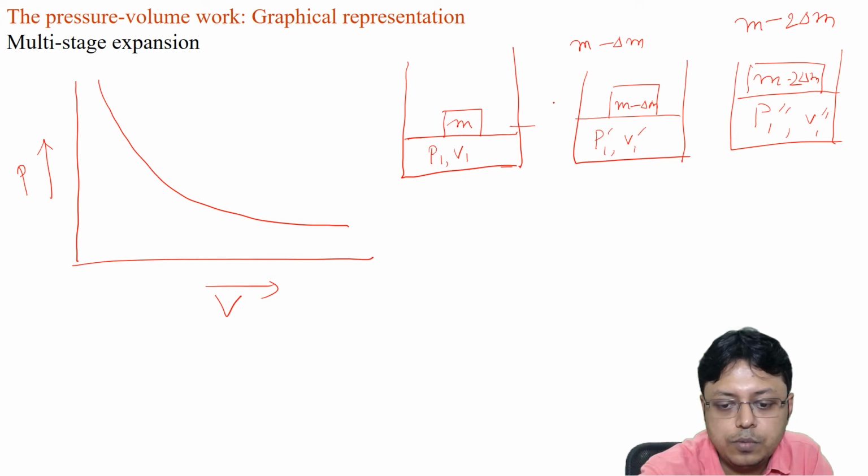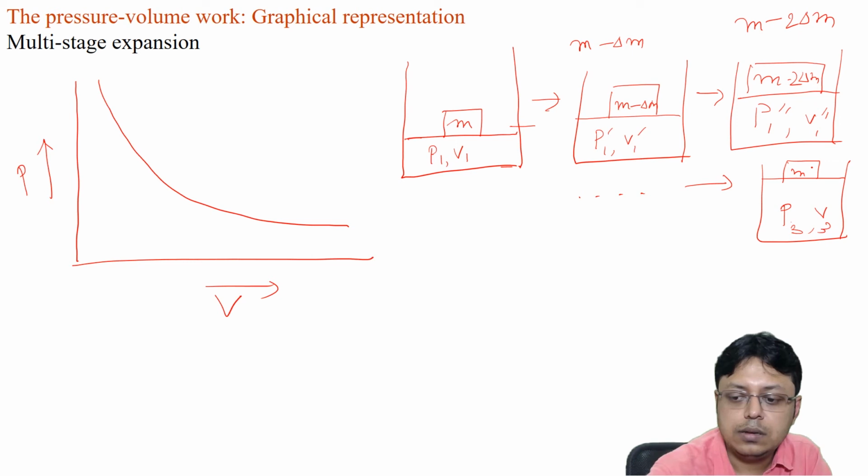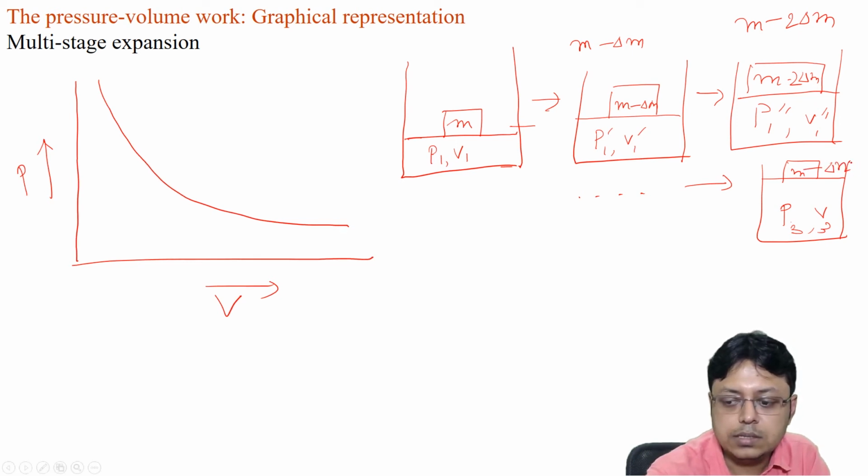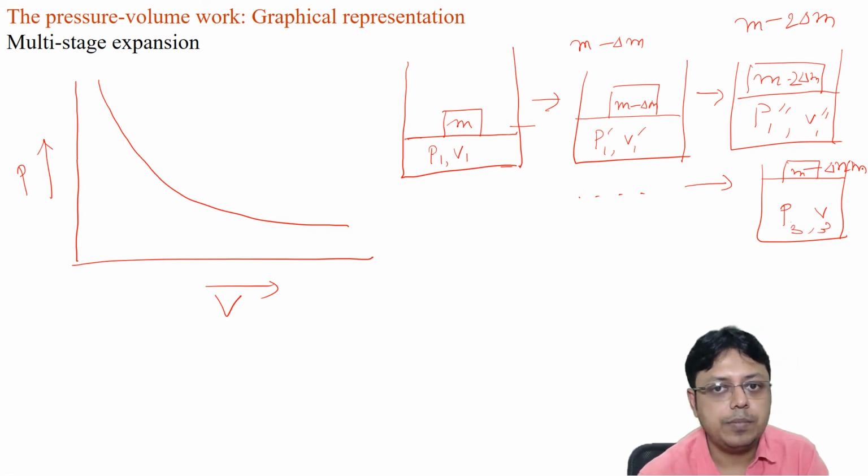In this way, if we proceed, this is known as multi-stage expansion, to the same final state which we just discussed, say P3 and V3, with a mass which balances that, after n reductions in the mass. So what will be the work done in this n step process?